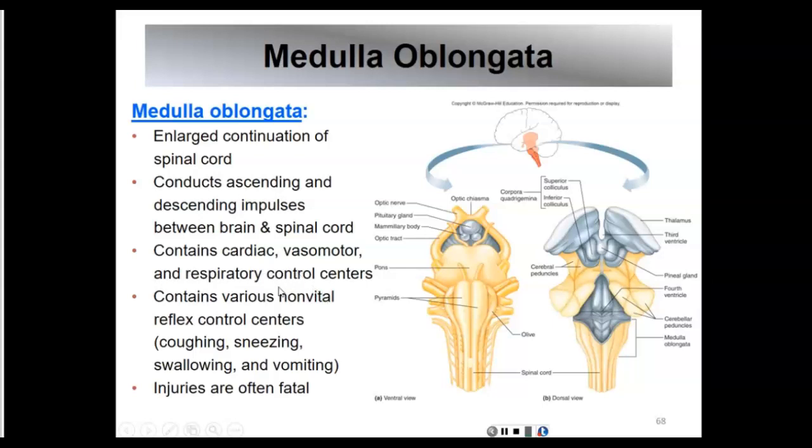Some other non-vital parts that it helps with is controlling reflexes like sneezing, coughing, gagging, swallowing, and vomiting. And if you have an injury in the medulla oblongata, it's usually fatal. Where this is in your body, it is very close to the foramen magnum. Actually, this medulla oblongata will extend down into C1, or the first vertebra in the spine as well.